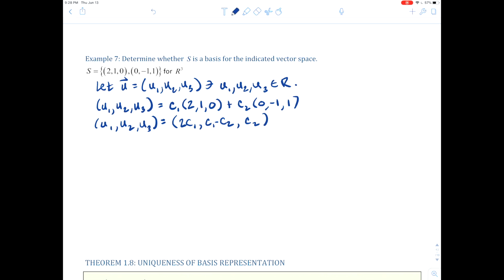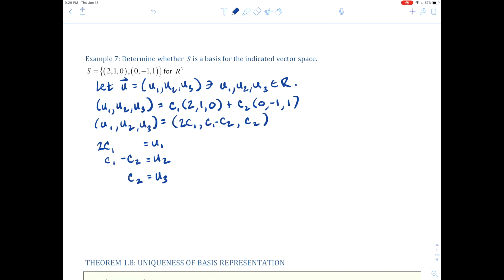So we'd get the system 2C1 equals U1, C1 minus C2 is equal to U2, and C2 is equal to U3. Cool so far? So, what would that give us?